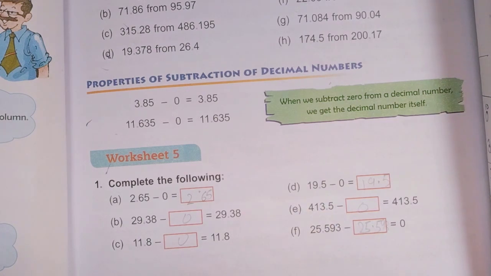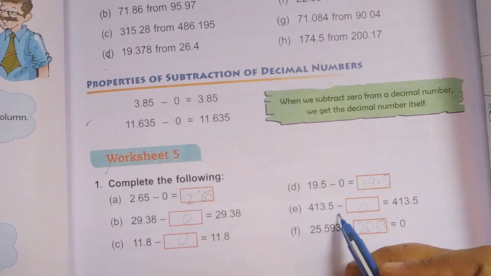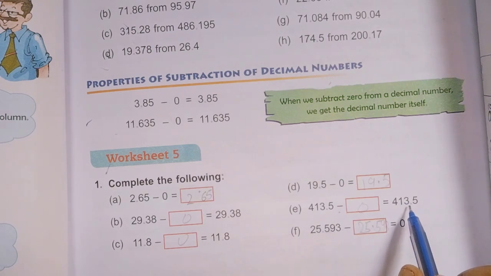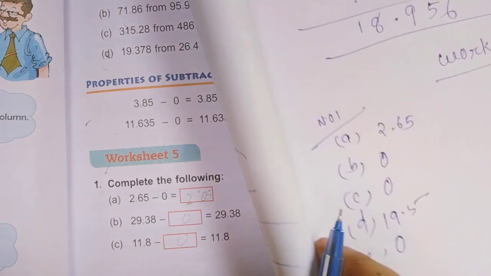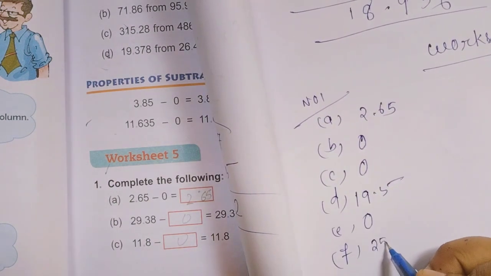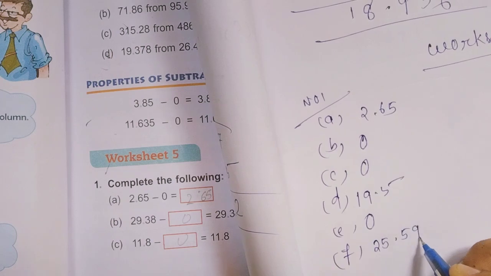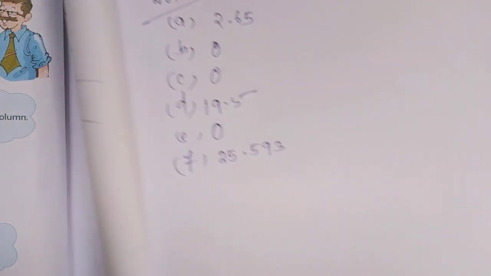So you get 19.5. Then 413.5 minus dash equals 413.5, so 0. Then 25.593 minus dash equals 25.593, so 0.